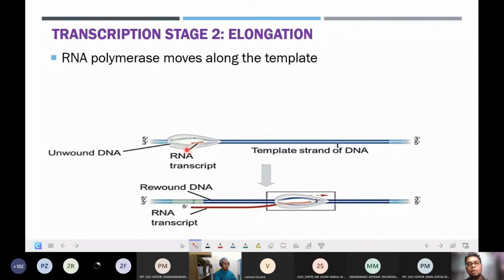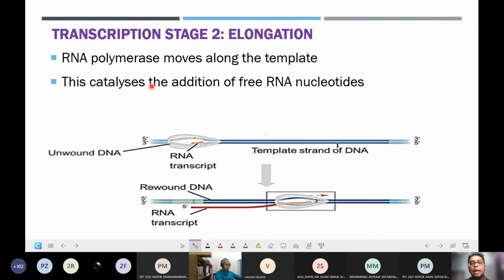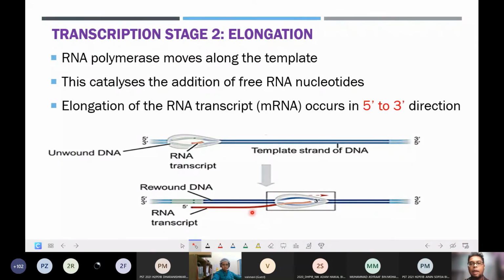So during this stage number 2, the RNA polymerase enzyme will simply slide along the template strand of the DNA. As the RNA polymerase moves along the template, it will catalyze the addition of free RNA nucleotides. The free RNA nucleotides will be joined together to form this RNA transcript, also known as the mRNA.